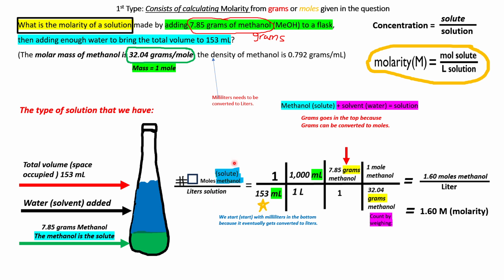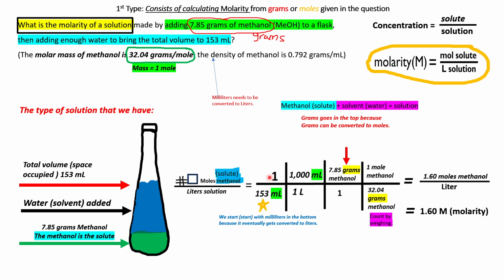This information needs to be shown somewhere here in the top of the dimensional analysis, and this information needs to be shown somewhere here in the bottom. If not, then I have done something wrong. So we're going to write 1 over 153 milliliters.